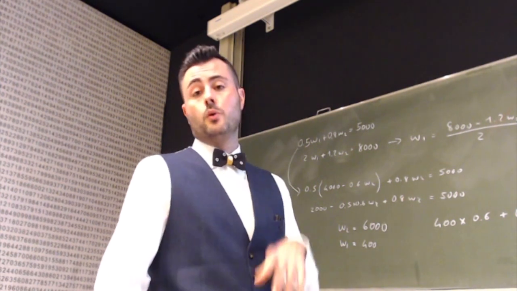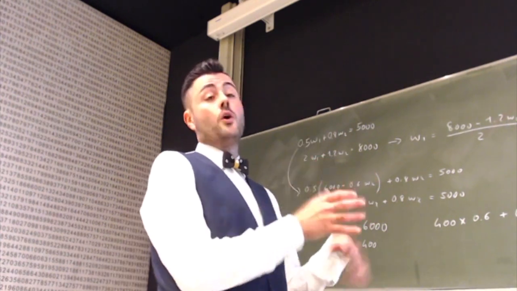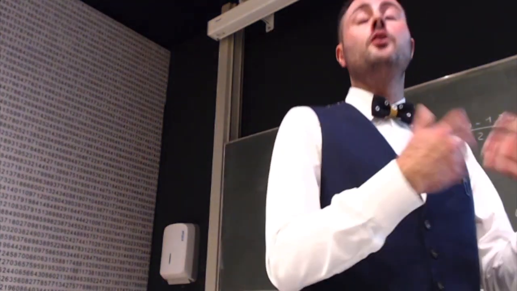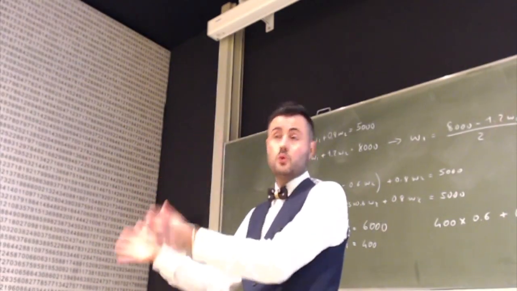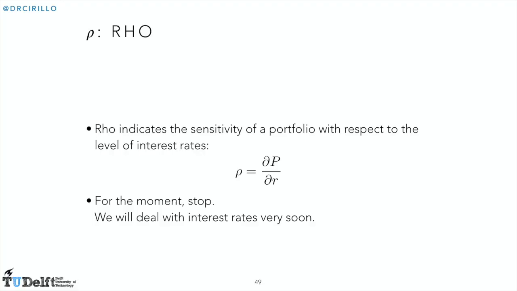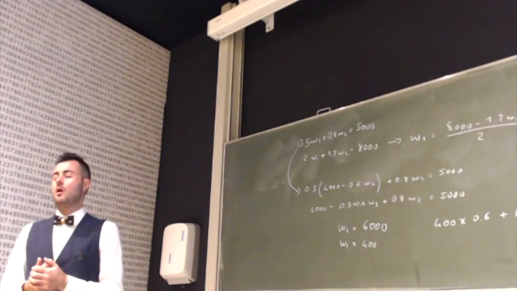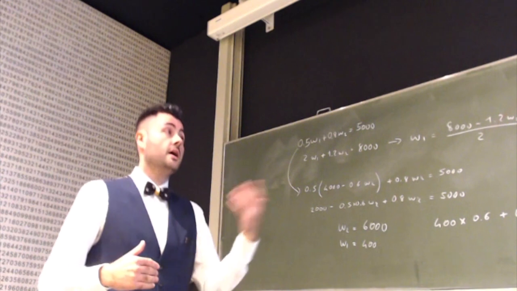Another very important Greek that is so important that we ignore it today because we will give a full class on it is rho. Rho is the sensitivity of our portfolio to interest rates.